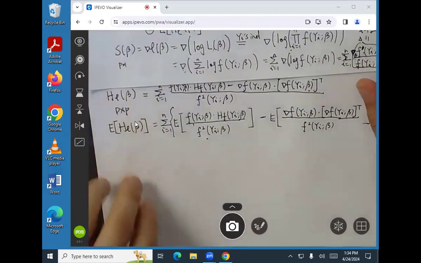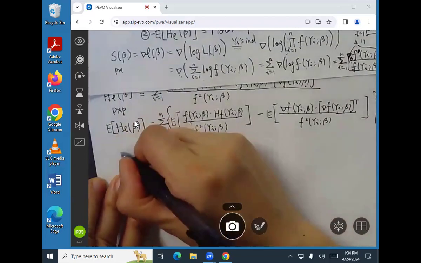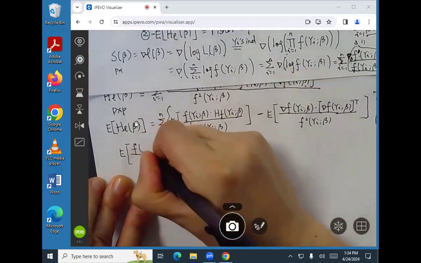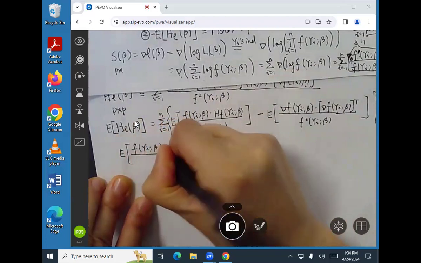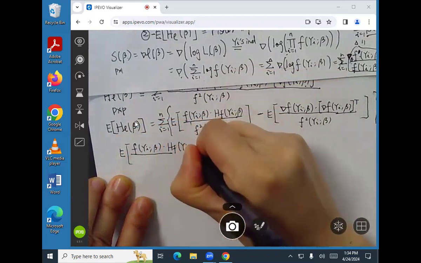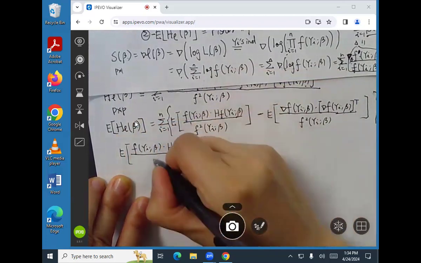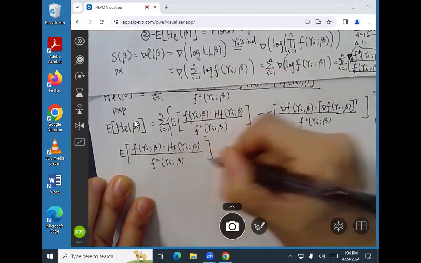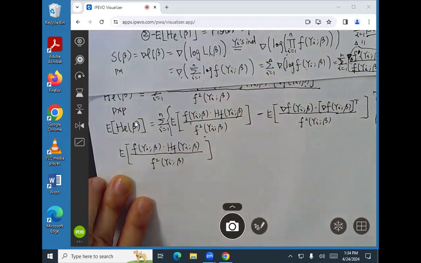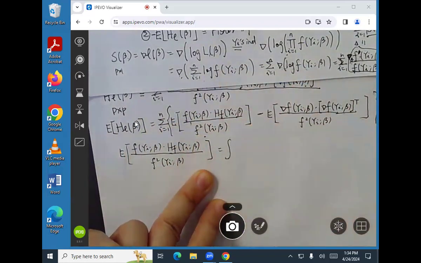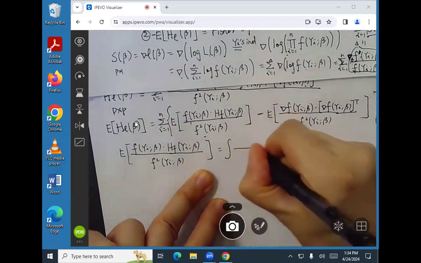Okay, so we can show that the first term, the expectation of this, f of yi, beta times the Hessian of f of yi, beta. Again, by definition, we use integration. So it's again the integration of this term.